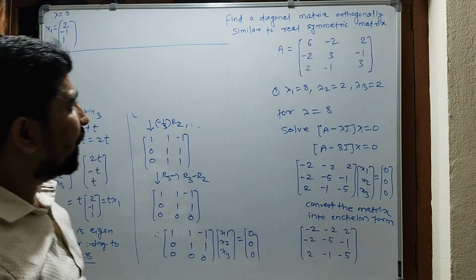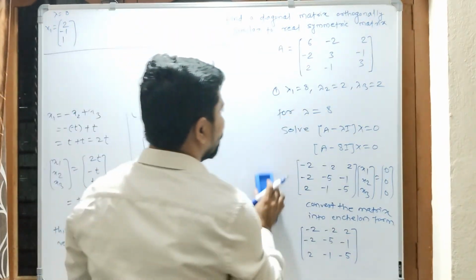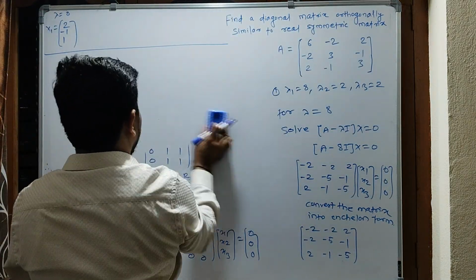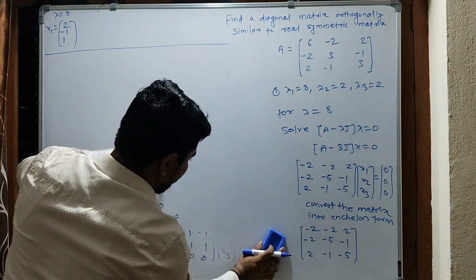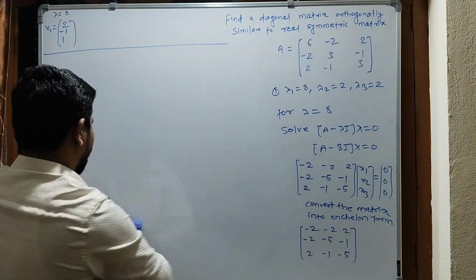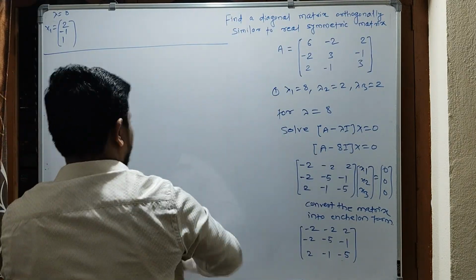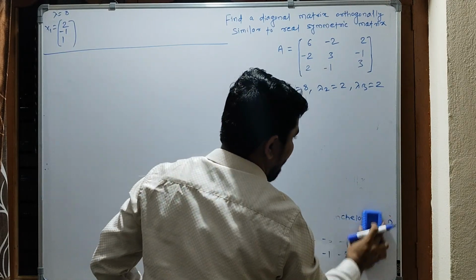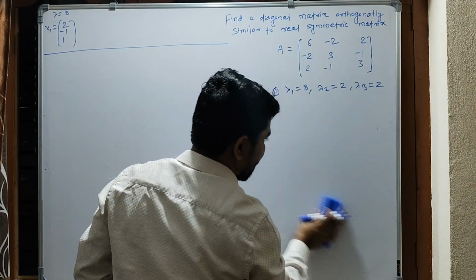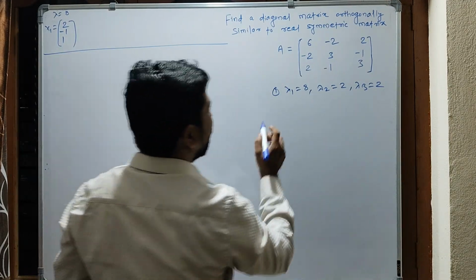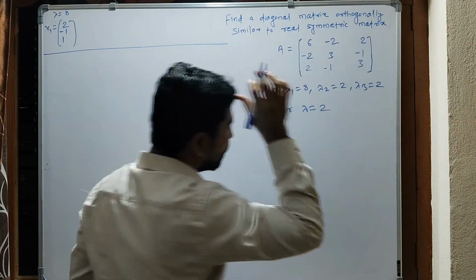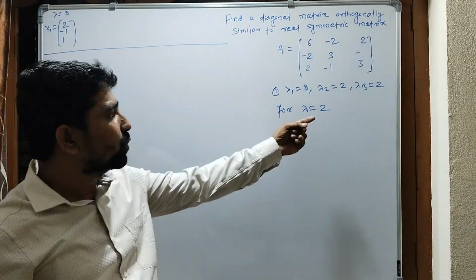And now I want to find the eigenvector for lambda equal to 2. So how to find it? Now for lambda equal to 2, I want to find the eigenvector corresponding to this eigenvalue.